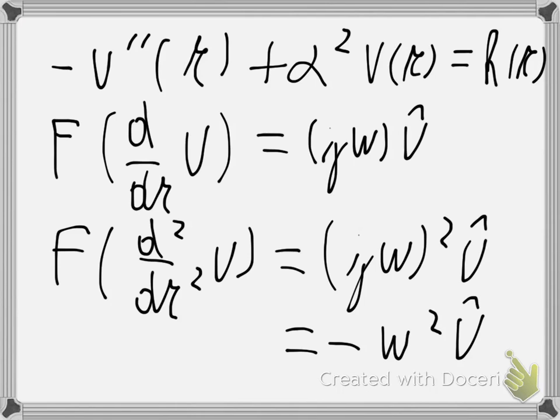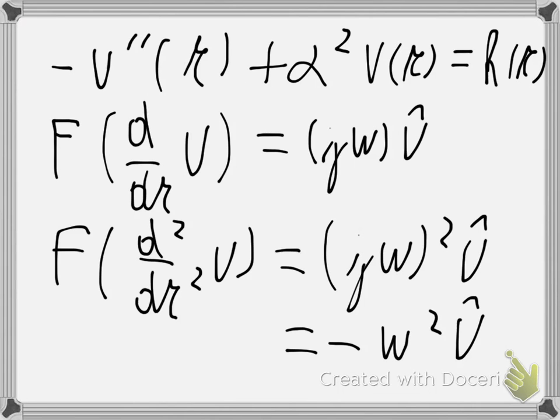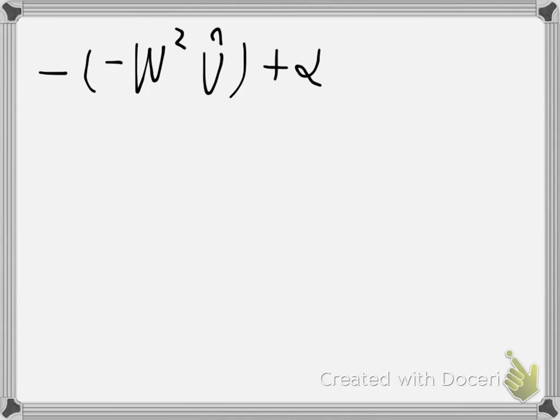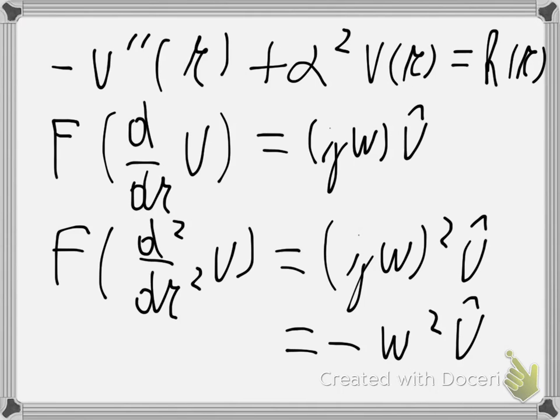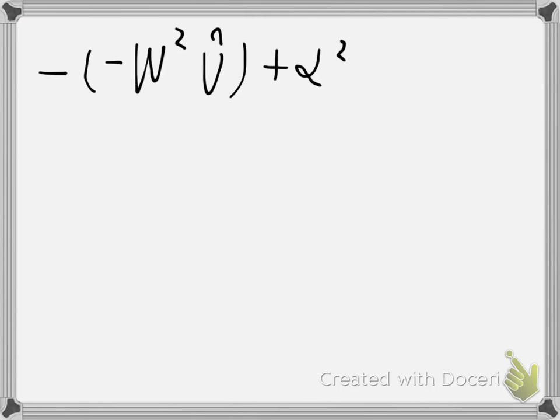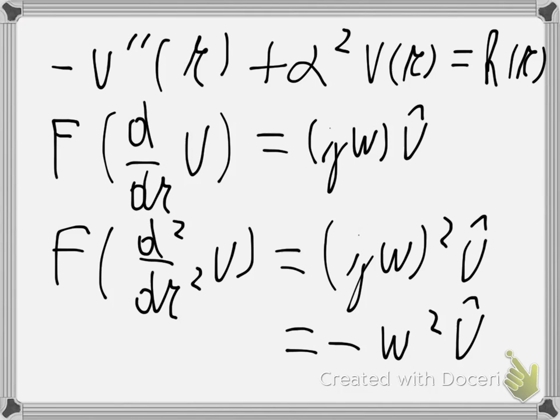Okay? So we can apply that to our equation. And so we'll get minus omega squared u hat plus alpha squared times u hat is equal to h hat.